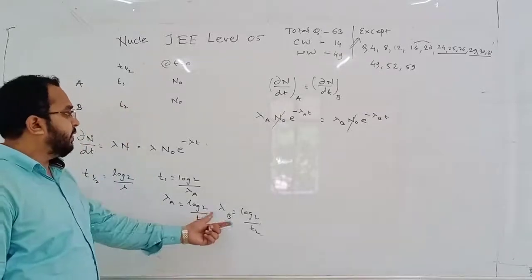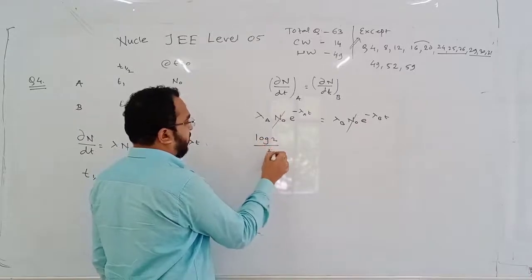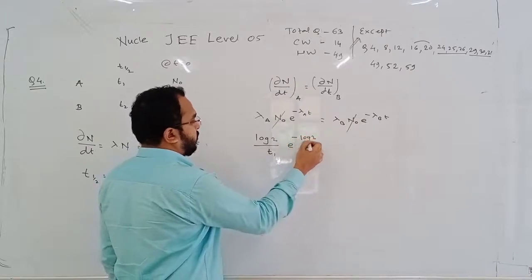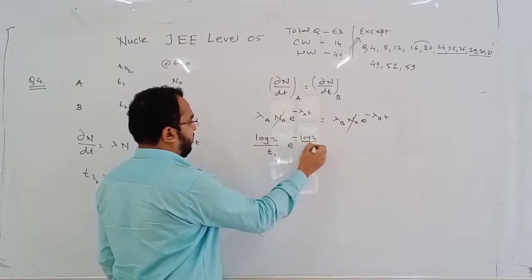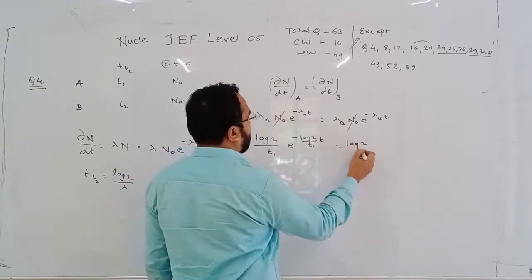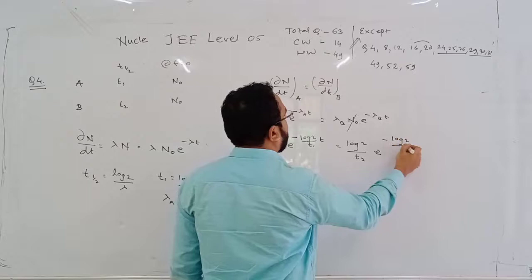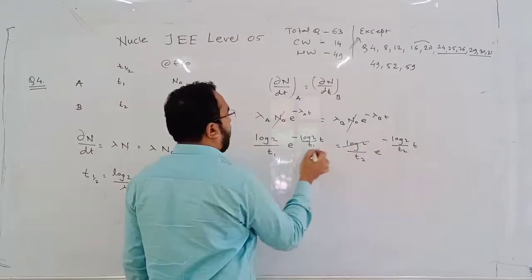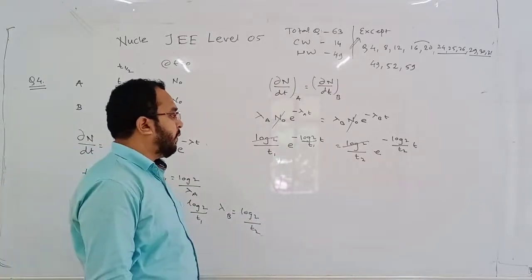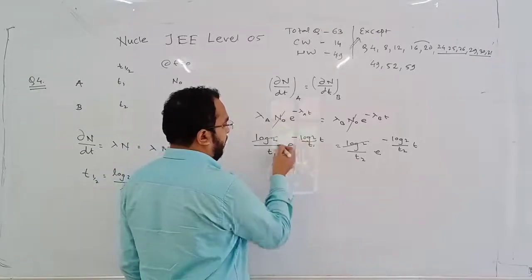Now substitute these values here. What will we get? Log 2 upon T1 e to the power minus log 2 upon T1 into t is equal to log 2 upon T2 e to the power minus log 2 upon T2 into t. Log 2 gets cancelled. Now this T2 will come to this side, and we will get T2 upon T1.